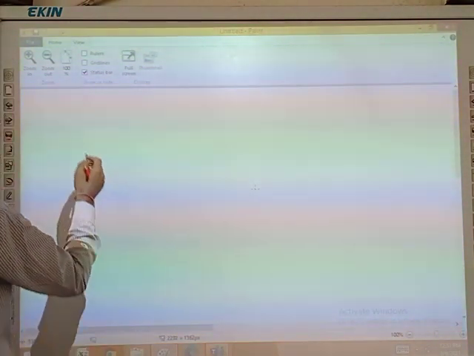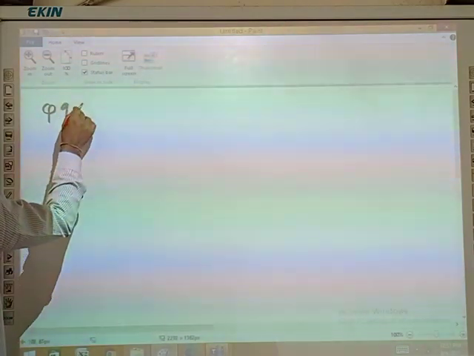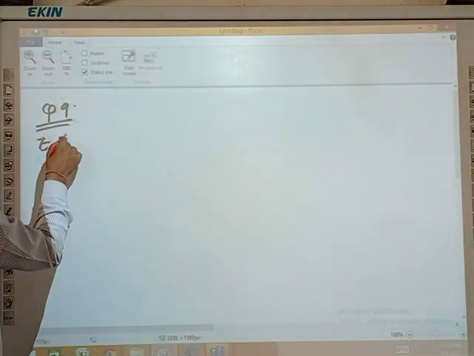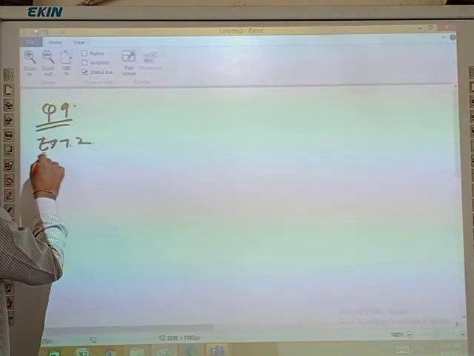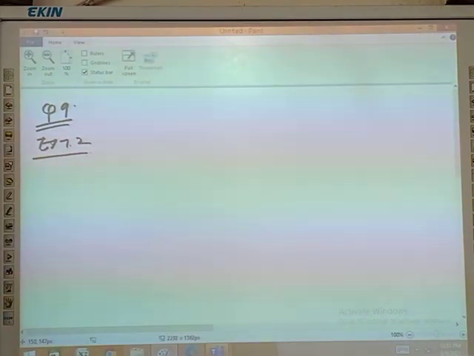Now question number 9. Exercise 7.2. Find the coordinate of point which divide the line segment A (-2, 2) and B (2, 8) into 4 equal parts.